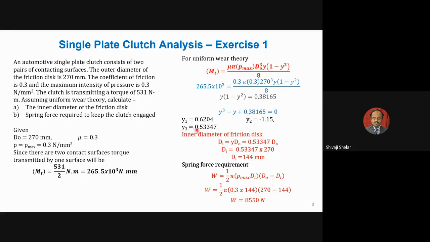So considering this fact, with both values very close to 0.577, I select y3 as the final solution. Therefore, the inner diameter of the friction disc I am taking as di is equal to y do, and now I have taken the value of y3 here, that is 0.53347 do, and by putting this value we get the inside diameter as 144 mm.